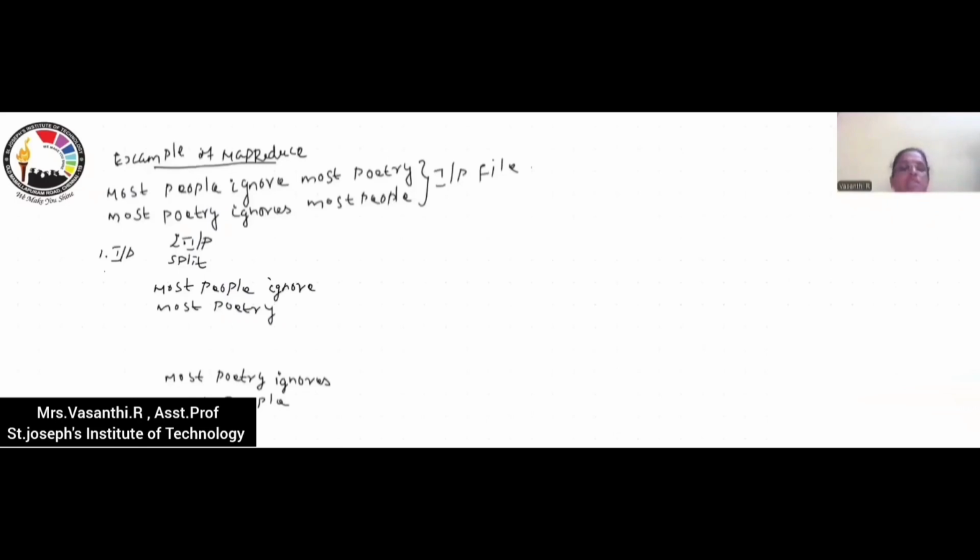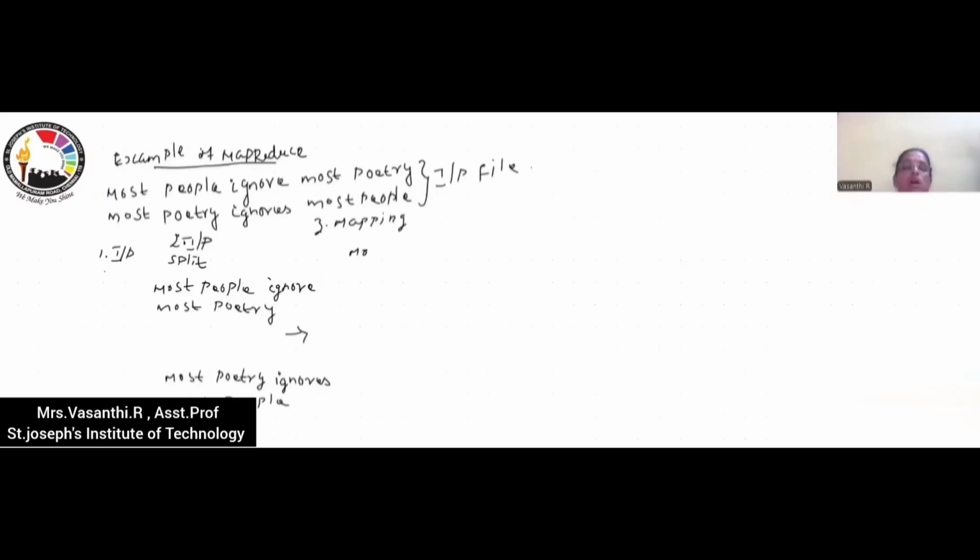Now the next step is the mapping function. The third one is the mapping function. In this mapping function, we use the split input data, represented in the form of key comma value pairs. The first block contains the word most.